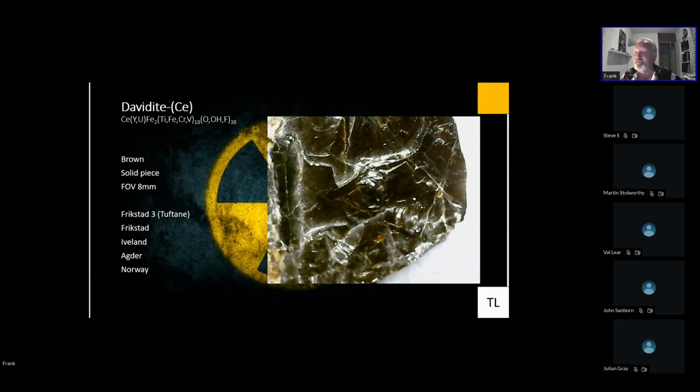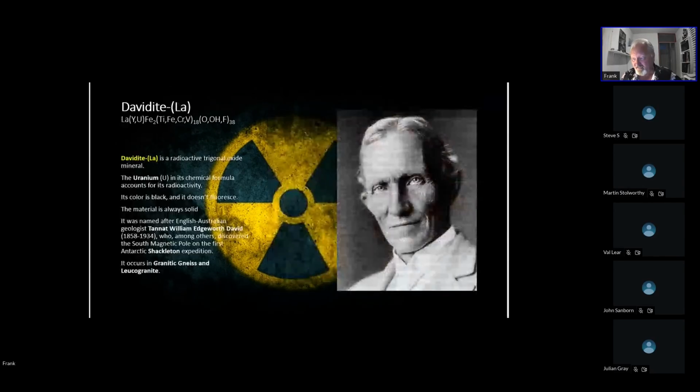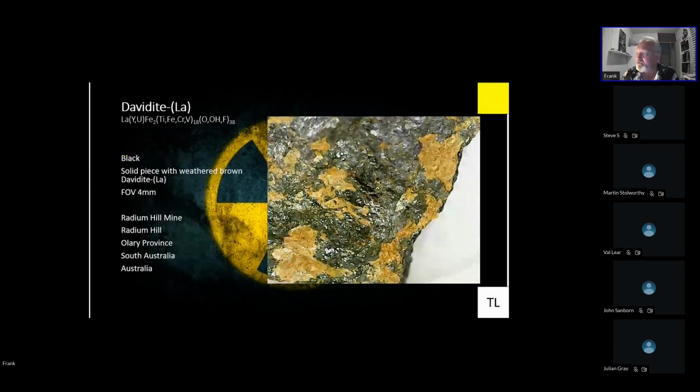It was named after the English-Australian geologist Tannatt William Edgeworth David, who, among others, discovered the South Magnetic Pole on the first Antarctic Shackleton expedition. Nice fact. It occurs in granite pegmatites. Mine is a dark brown massive piece from the Frykstad mine, Tufteane, from Agder in Norway.